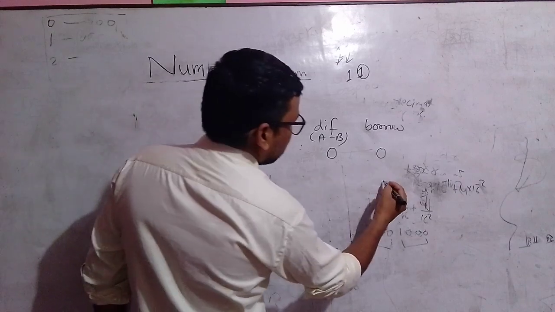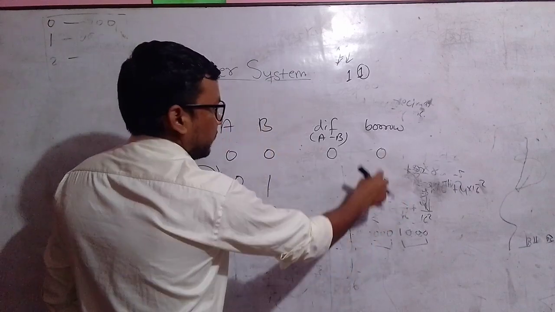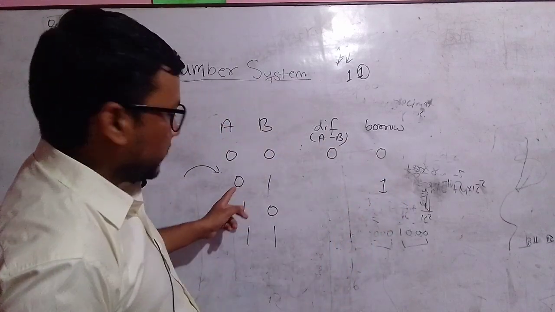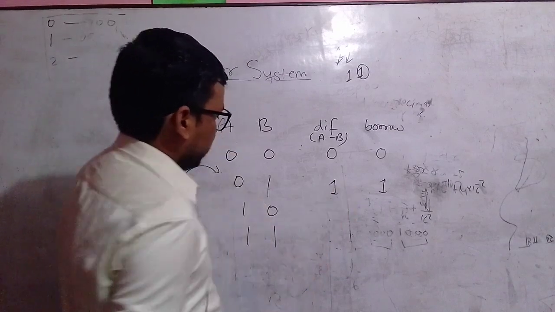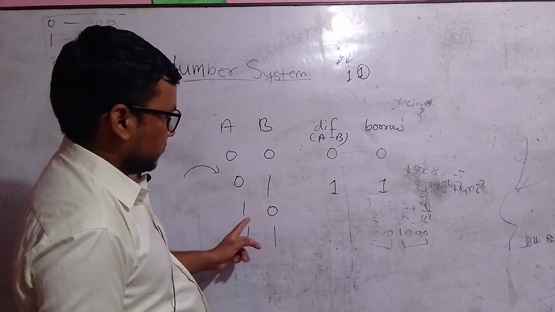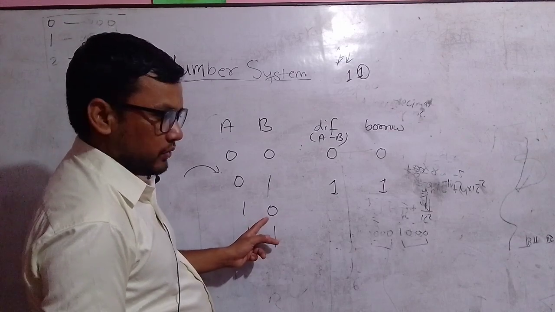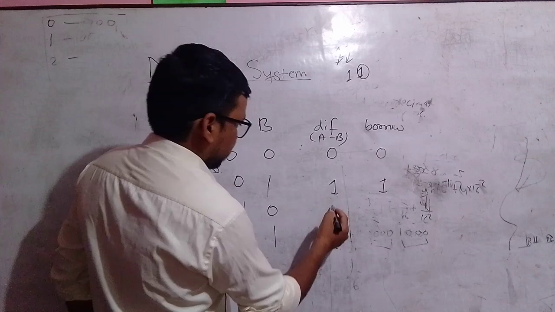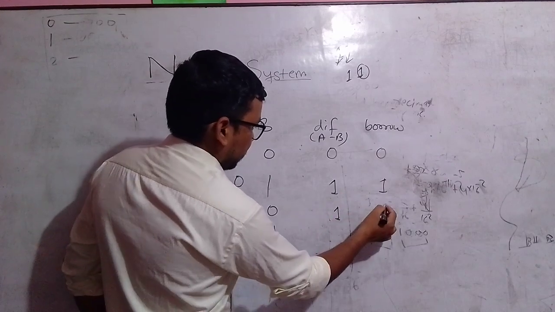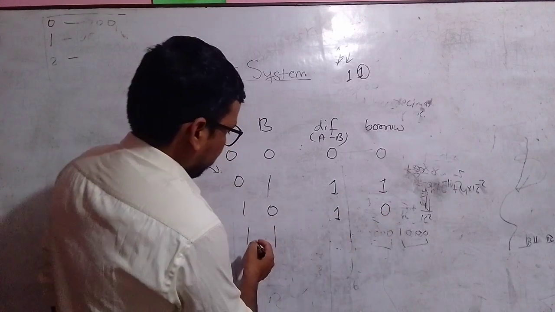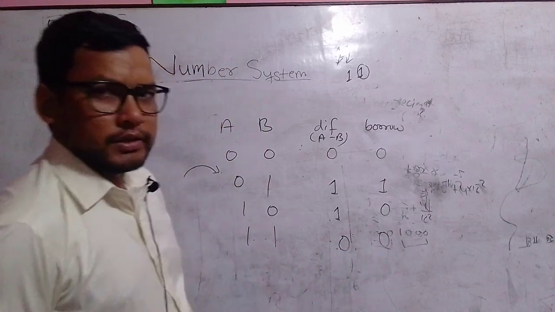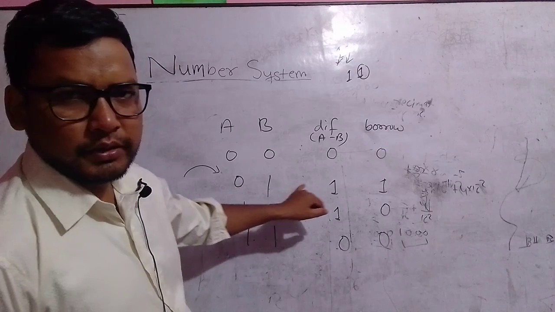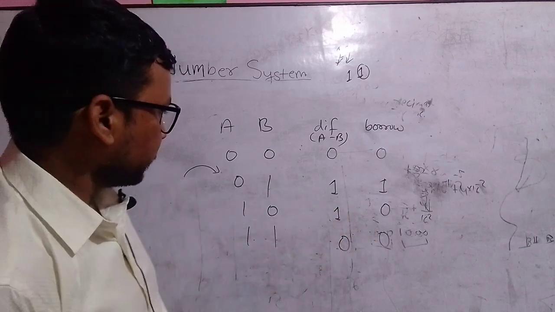That means it takes a borrow and becomes 10. 10 minus 1 gives the result 1. In the third case, 1 minus 0 gives difference 1. Does it take a borrow from another position? No. 1 minus 1 is 0. These are the available cases for the subtraction of 2 digits.